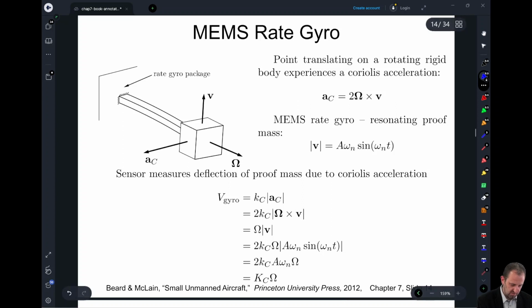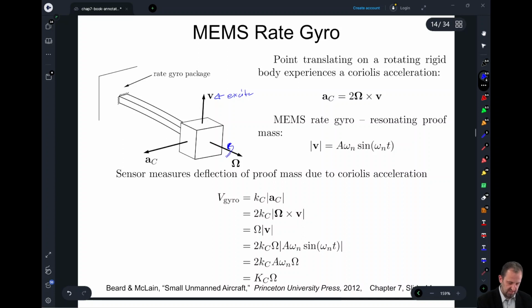What we're going to do is excite movement, velocity in this direction. So we have our mass suspended, and we excite the mass by moving it up and down. And then we allow our mass to feel the rotation about just a single axis.